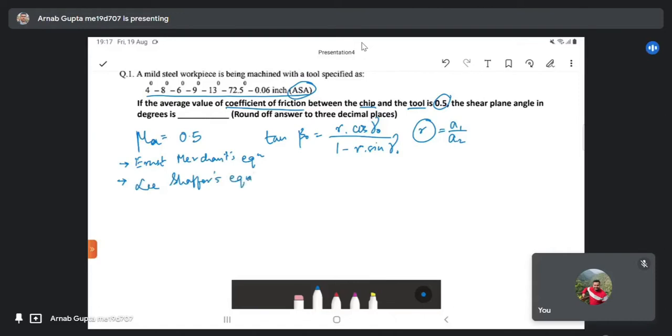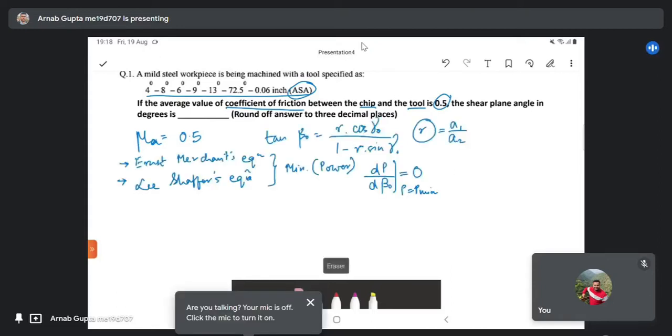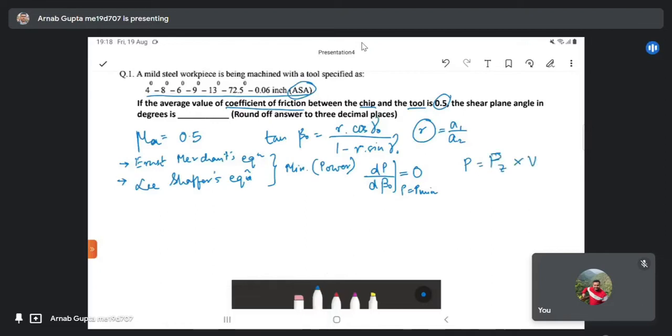Both of these equations are based on minimizing the power requirement. So if we minimize the power required, that is, if we differentiate it with respect to the shear plane angle beta naught and equate it to 0, since P is P min, minimum power, and we know that we can write power as cutting force Pz into cutting velocity Vc.